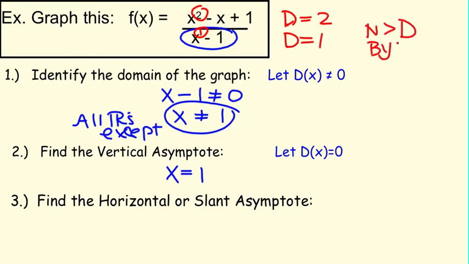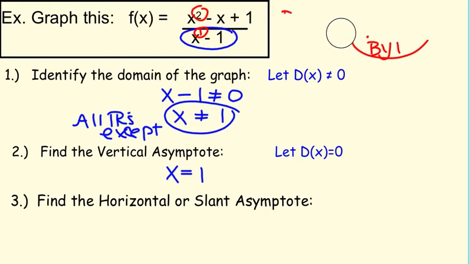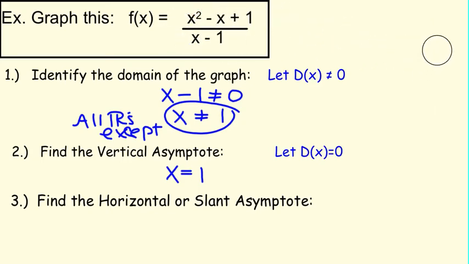So we have a slant, so we have to do long division. So we're going to take these two polynomials and divide them. This will be underneath, and this will be outside in long division.